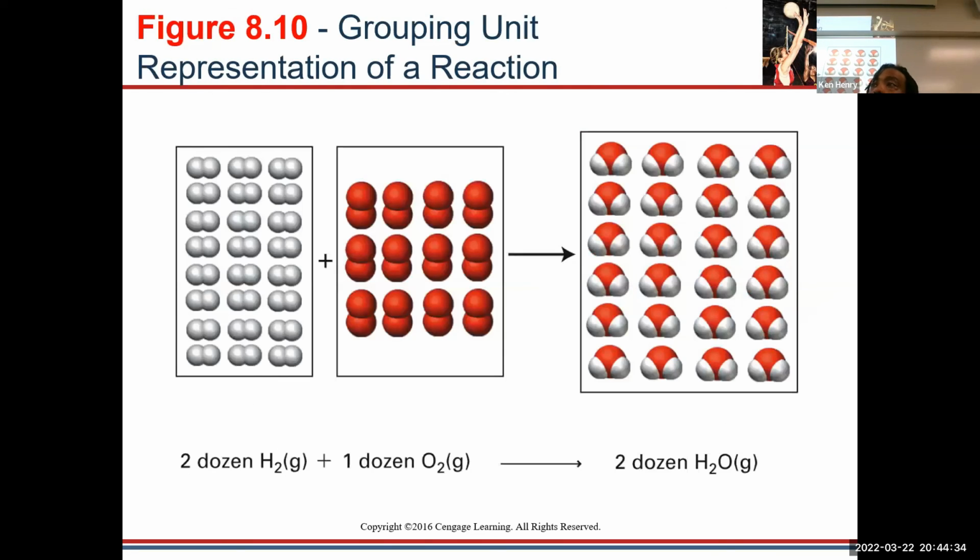So if we had 2 dozen of hydrogen gas, then 1 dozen of oxygen gas is going to give me 2 dozen of water. Again, it's just based upon quantity. I could have used dozens, or I could use just single molecules. Does that make sense?